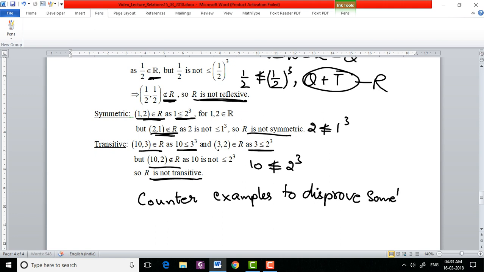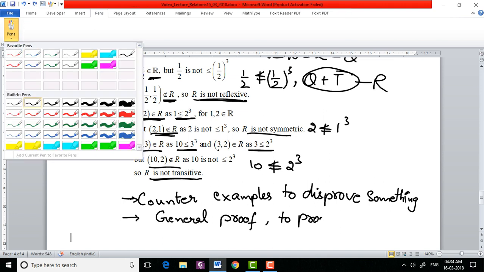And if I want to prove something, I'm going to start with the proper definition. So counter examples to disprove something and general proof to prove something. Right.